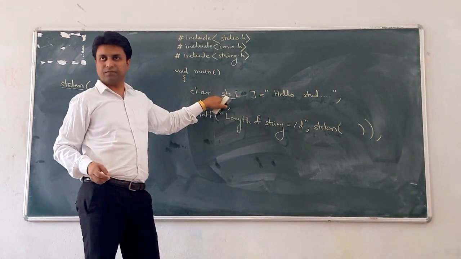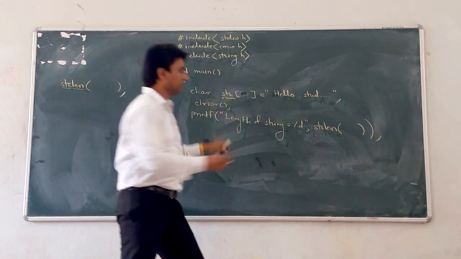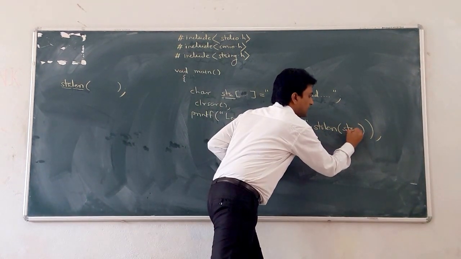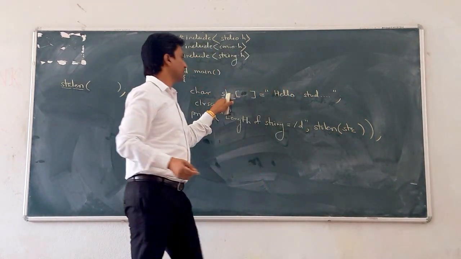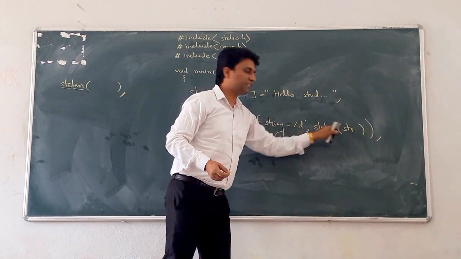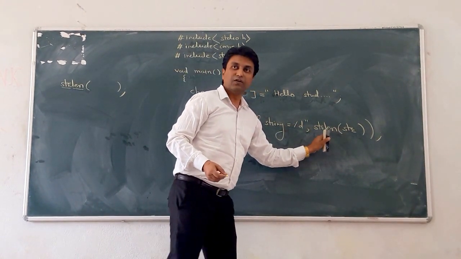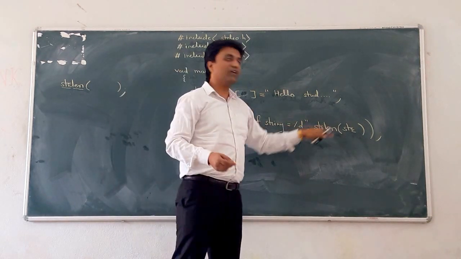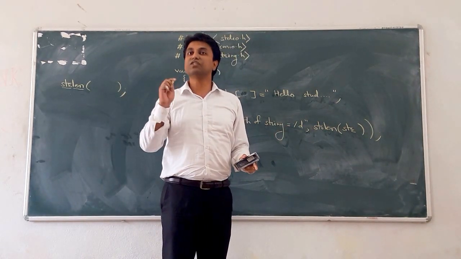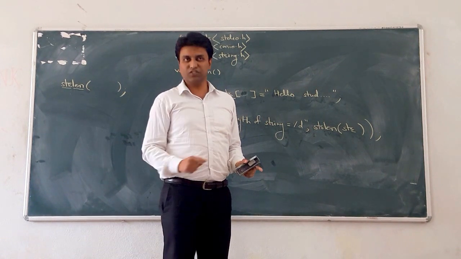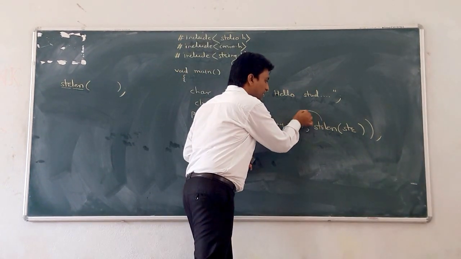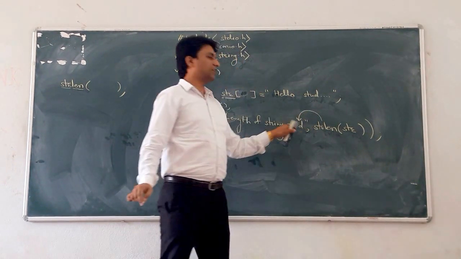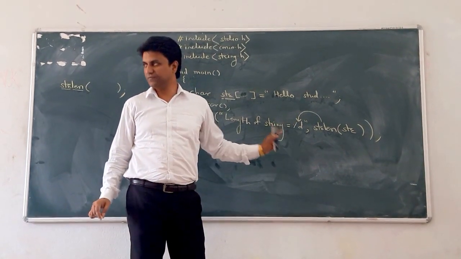The string name is the argument. So pass str. Whatever the length of str is, it is calculated by the string length function, whose definition is present in the string.h header file. And what does this function return? It returns the length of the string, and that length is printed instead of %d.